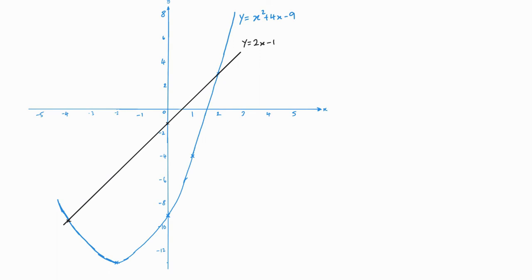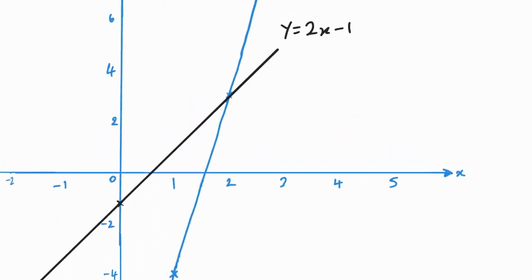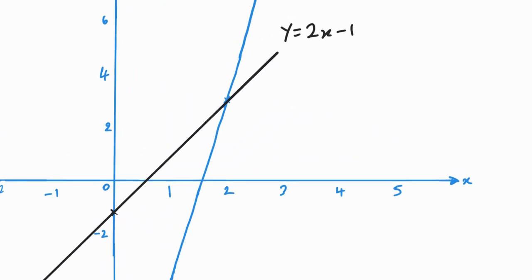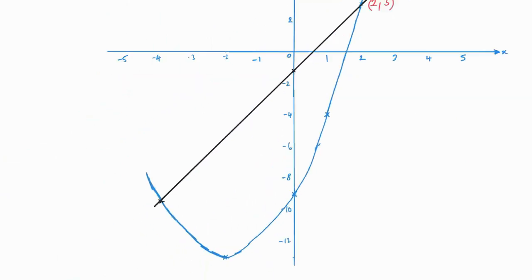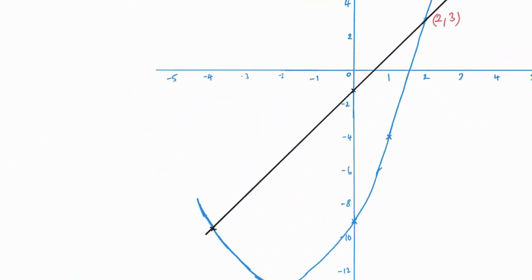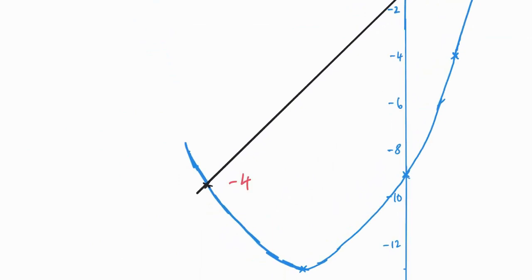Now we've got 2 points of intersection here, and if I look carefully at my graph, you can see that this point is roughly 2, 3, and down the bottom here we're looking at -4, -9 approximately.